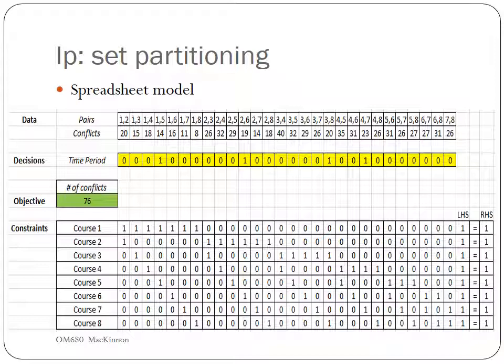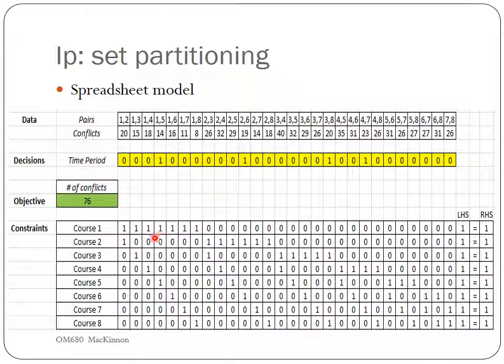And so the question is what time periods do we choose to minimize the number of conflicts that we have? So for course 1, for example, look at the bottom here. Course 1, anything that uses time period 1 has a 1 in it. Okay.